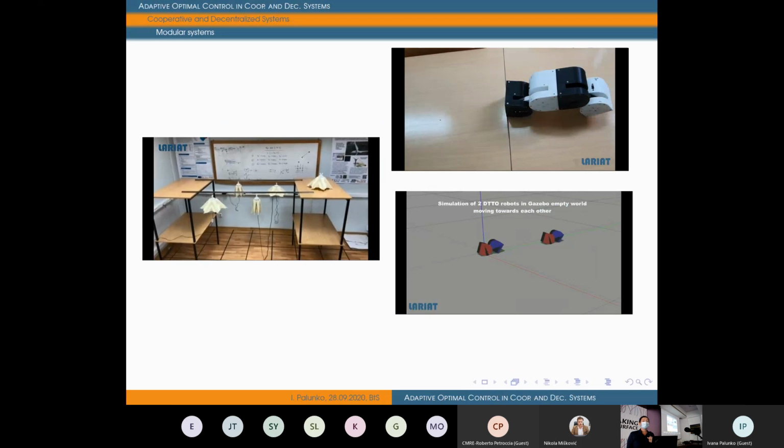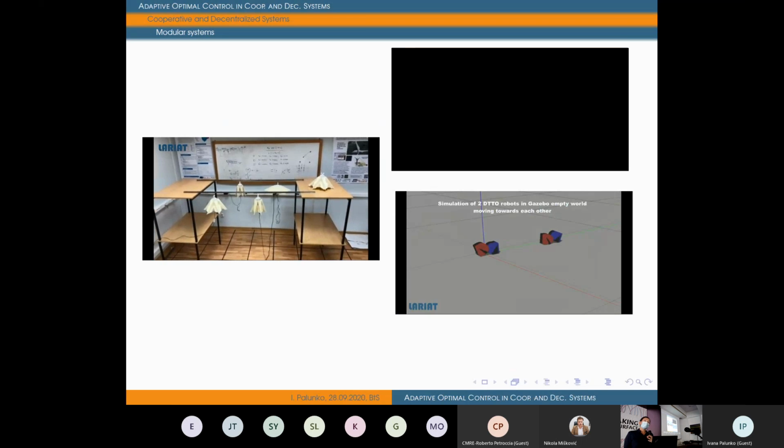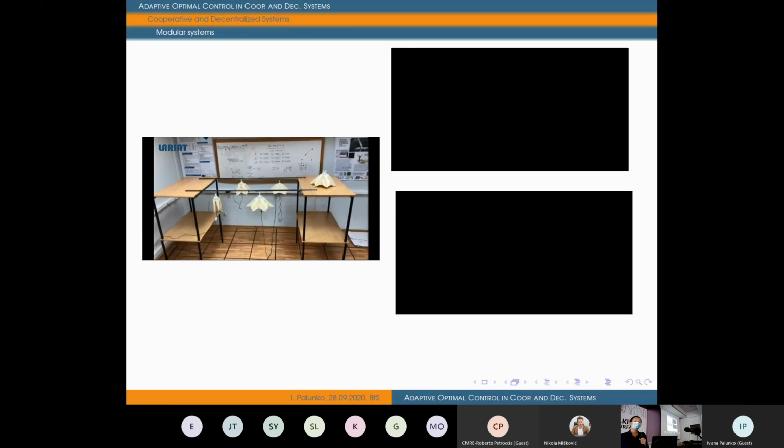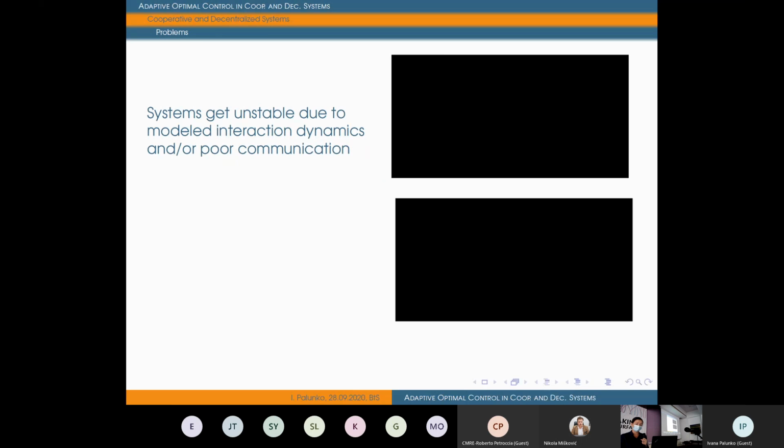The trick with both types of these systems is that you know the general dynamics, but going into modeling all the interactions is tedious and not trivial. So the approach to these systems is to design a better control.